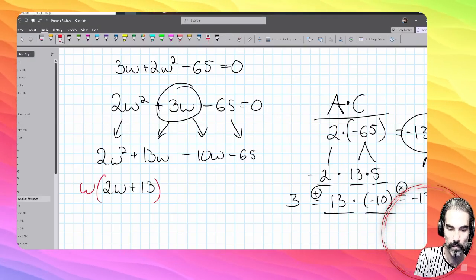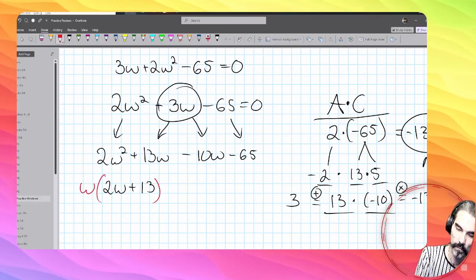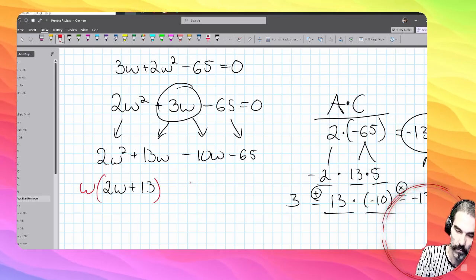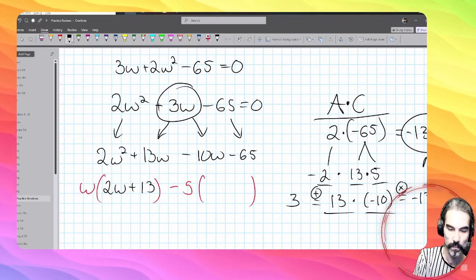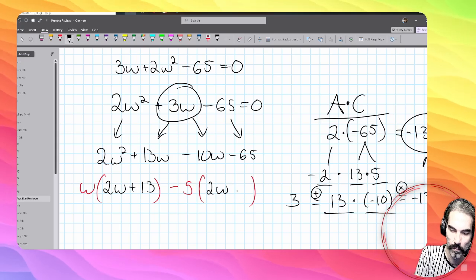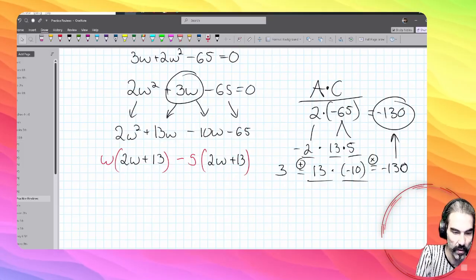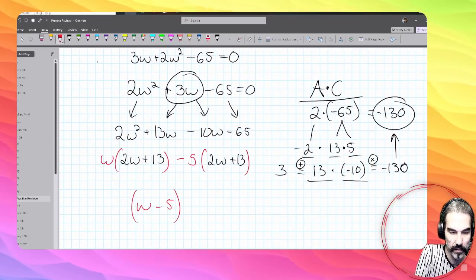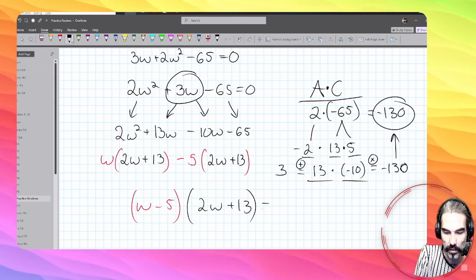And then for the other side, we could factor out a negative 5. And then it would be 2W minus or plus 13. Okay, good catch. Yeah. And there it is. There's your two pieces: W minus 5, 2W plus 13 equals 0.